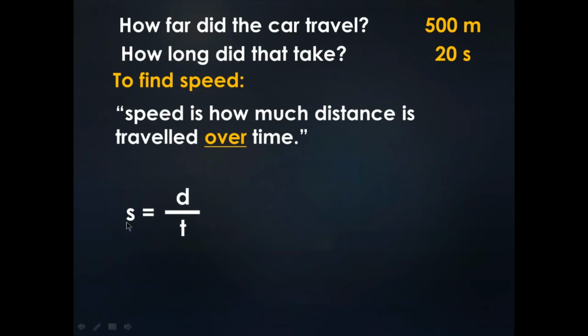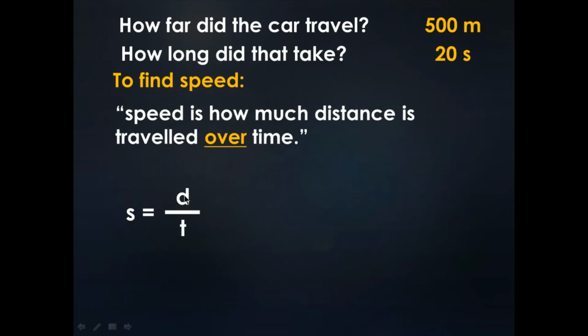Speed, S, is how much distance, D, is traveled over time, T. There's our over. When you see something that's over or per, that word per, we could say it's distance per time. How much distance is traveled over time. So let's plug our numbers into this.